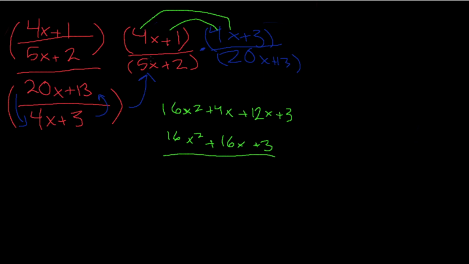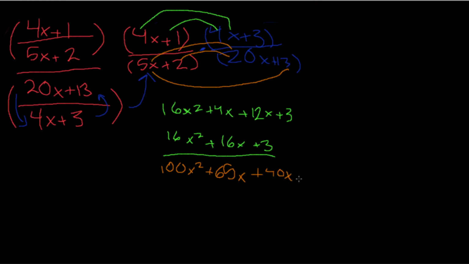our bottom one, which would be 5 times 20x, so 100x squared, and then times the back, which is 13. So 5 times 13 is 65, so plus 65x. And then multiply the 2 by the 20, plus 40x.